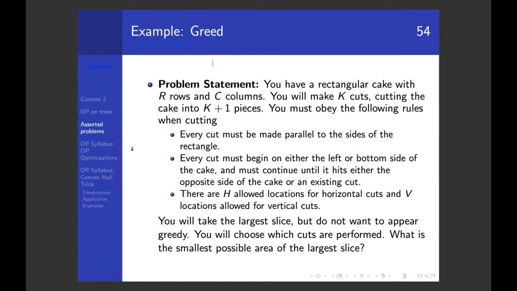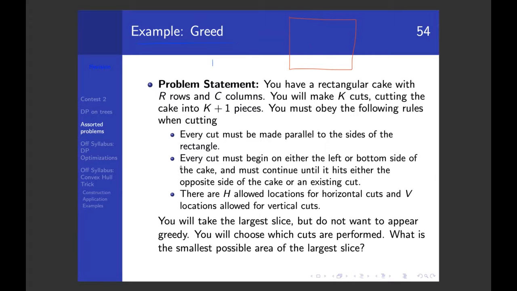So here's our cake here. In red. We can't cut like this. That's illegal. We can cut either horizontal or vertical.